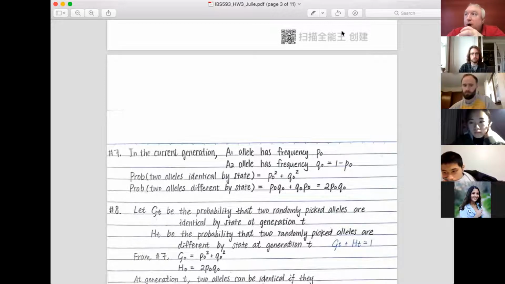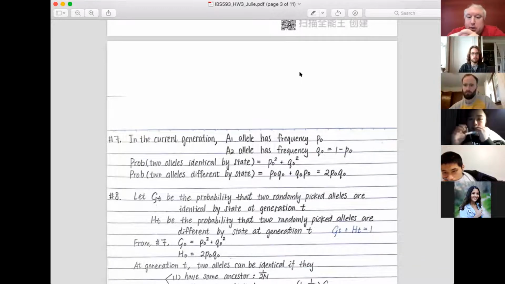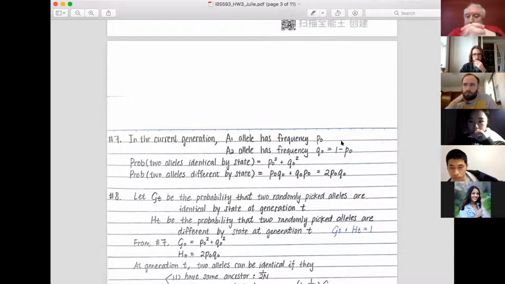Thus, Hardy-Weinberg proportions are giving you the expected heterozygosity in the current generation and the expected homozygosity. In practice, there may be more or less heterozygotes. You might be in generalized Hardy-Weinberg. But in the current generation, the probability two randomly picked alleles are identical, Hardy-Weinberg. Two randomly picked alleles differ, Hardy-Weinberg. Or anything more complicated than that, that gives you Hardy-Weinberg proportions.